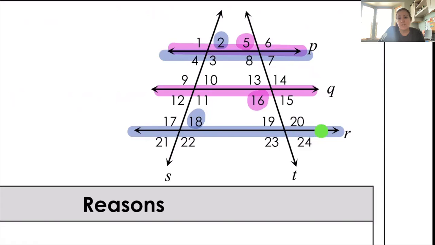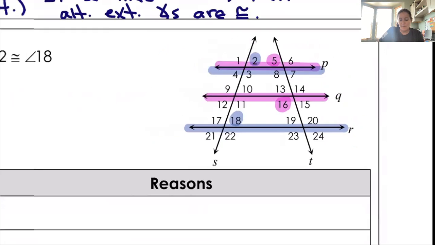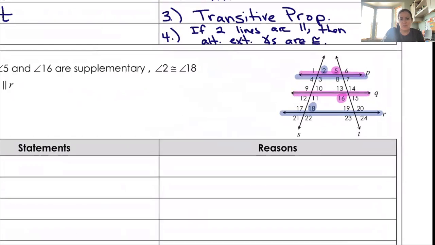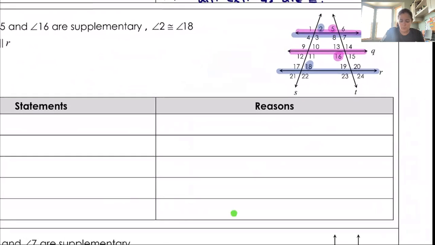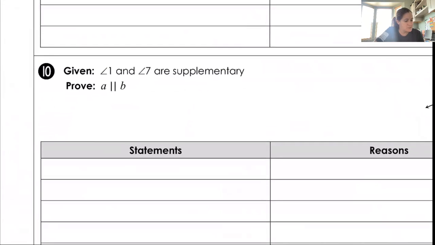And then you can use that transitive property again. So we know that P is parallel to Q and P is parallel to R. So that means that Q has to be parallel to R, and that's using your transitive property. If you wanted to try that one, figure out the order. Let me know if you have any questions.